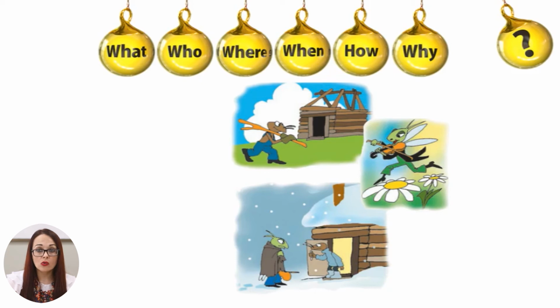He was cold and hungry. But why was the ant snug in her place? De ce era furnica foarte confortabilă în cuibușorul său? Because the ant worked hard all summer and she had a nice place and there was plenty of food. Okay, so this was the fable of the ant and the grasshopper.